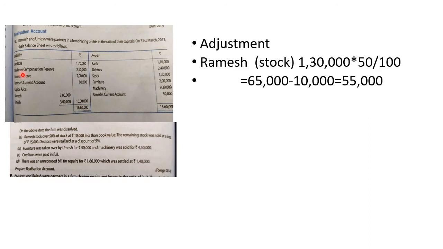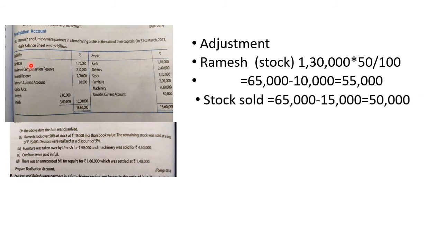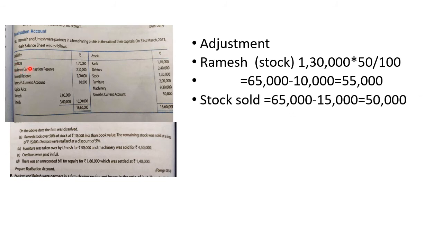Then from liability side, we will only transfer creditors, bills payable, third party loan if there is any. In this question, we are only having the creditors. So creditors will be transferred to the credit of realization account. Next is that we have to sell the asset and pay off the liability, the details of which will be given in the adjustment. Let's see the adjustment and then we'll prepare the realization account.